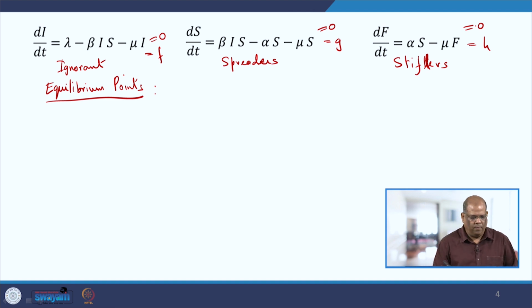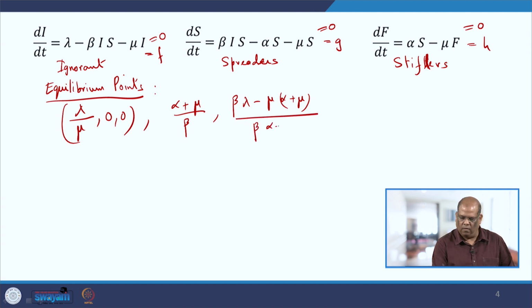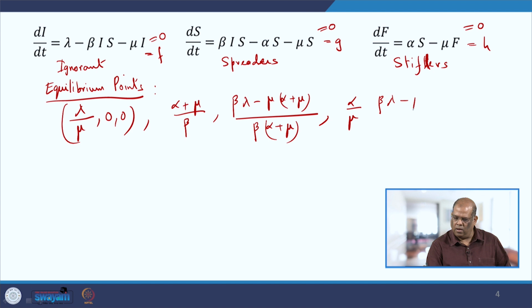If you solve them, you will get the equilibrium points to be lambda by mu, 0, 0, and (alpha plus mu) over beta, (beta lambda minus mu (alpha plus mu)) divided by (beta (alpha plus mu)), and alpha by mu times (beta lambda minus mu (alpha plus mu)) divided by (beta (alpha plus mu)).